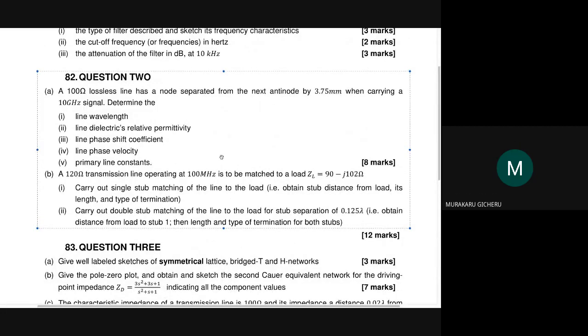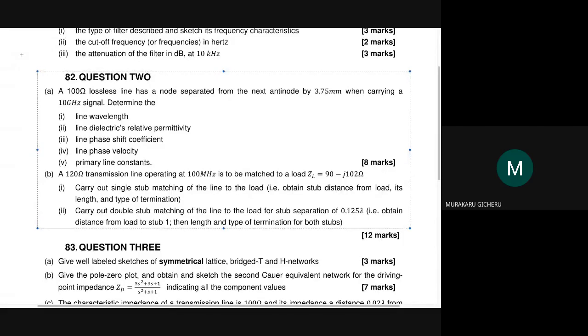So we did part A of this question. A 100 ohm lossless line has a node separated from the next antinode by 3.75 millimeters. Find the line wavelength, the line dielectric's relative permittivity, the line phase shift coefficient, the line phase velocity, and the primary line constants.